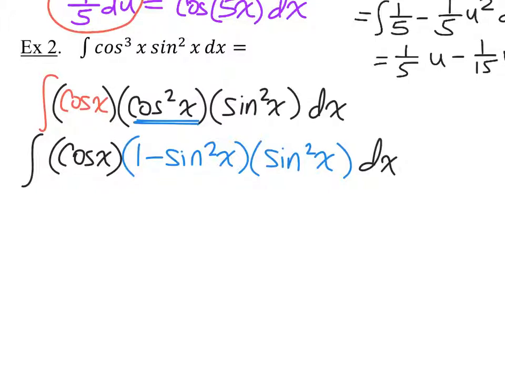Is there something else I can do? Well, I can clean it up a little bit, maybe consolidate some terms, but maybe you don't want to. Maybe you say, okay, well, I know that if I let u equal the sine of x, sine of x has a derivative that's equal to cosine of x. So let me let u equal the sine of x and see what happens. If it doesn't work, it doesn't work. You try something else. Du would be equal to cosine x dx.